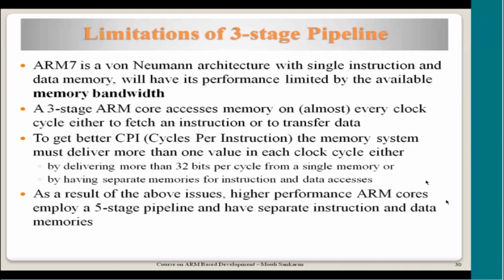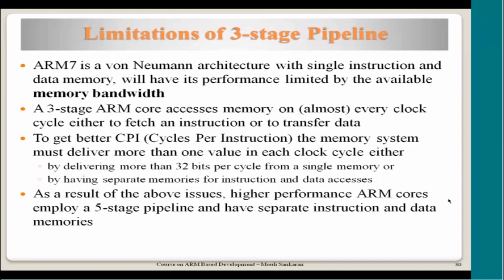Another way of improving the performance is increasing the number of stages in the pipeline. Why does increasing the pipeline stages improve the performance? If you remember, with a 3-stage pipeline, the average throughput of the pipeline would be 3. Suppose you subdivide it further and make it into 5 stages, the average throughput will be 5.